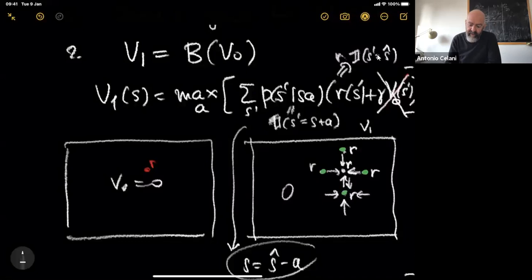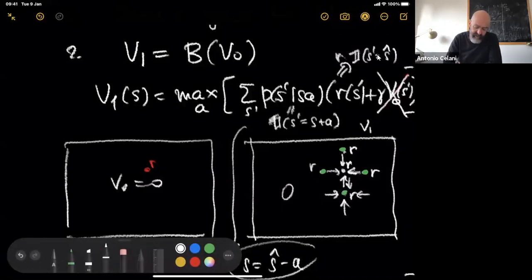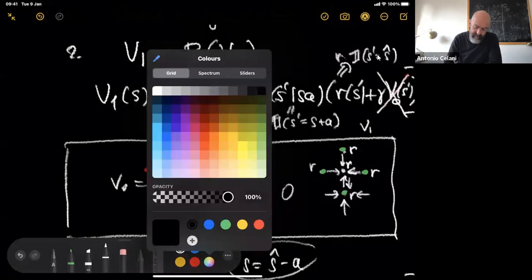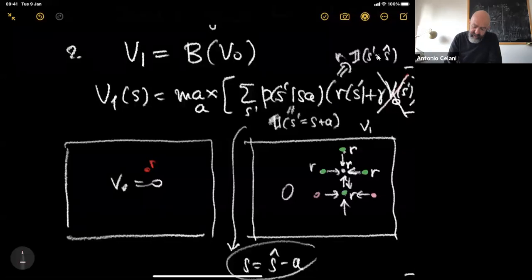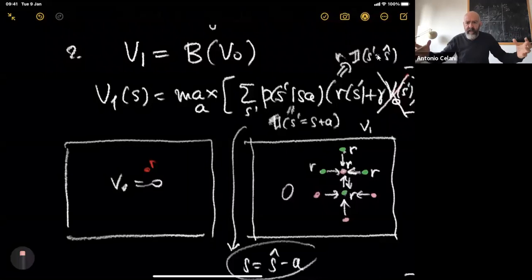Okay. So this allows us to fill at the next stage with new values here, here again, and this expands all over. So every time that you make an iteration, you move away from the target and you fill in with new values for the value function.